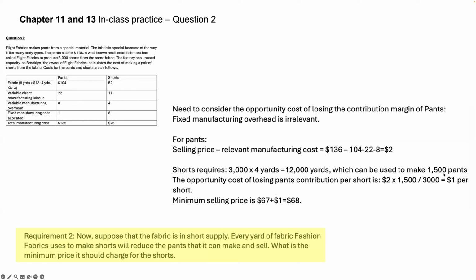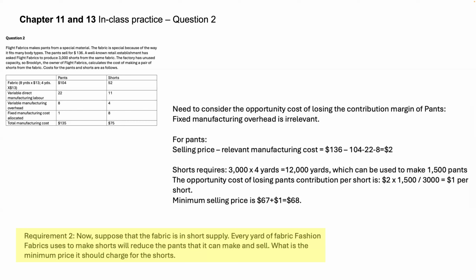Then if you cut down 1,500 pants, you are losing $3,000 of contribution margin. That's the total contribution margin you lose because you decide to use the 12,000 yards for the shorts, not for the pants. So the total loss is $3,000.